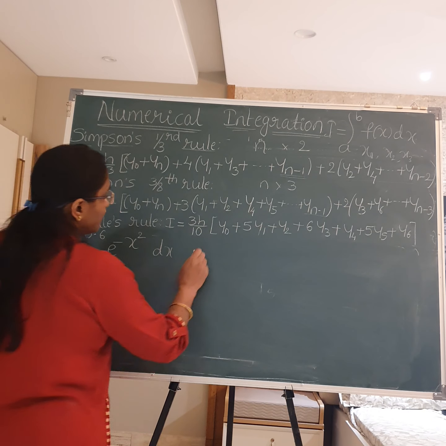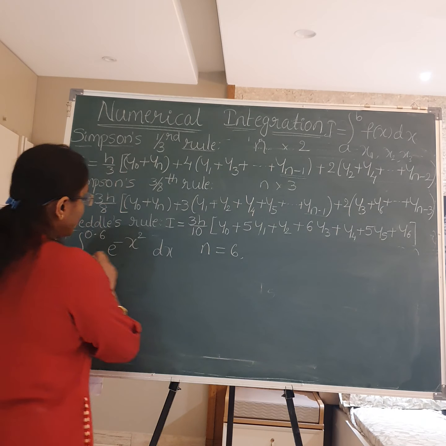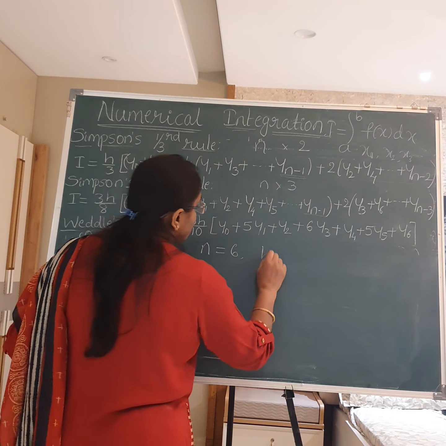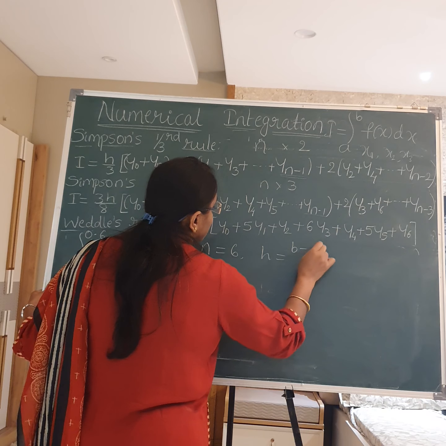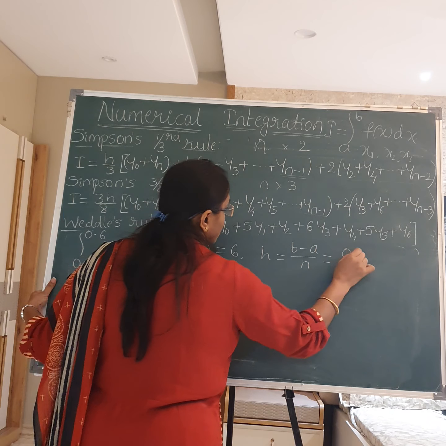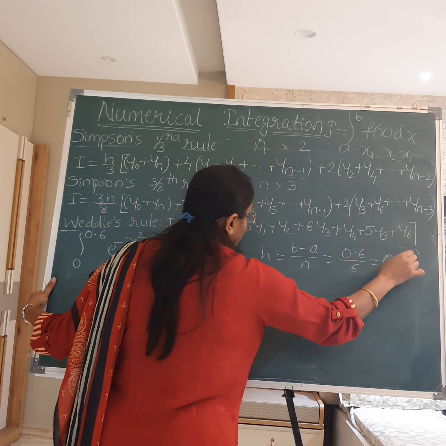6 sub-intervals means n is equal to 6. Then a is 0, b is 0.6. So h is equal to b minus a by n, that is 0.6 by 6. It is 0.1.